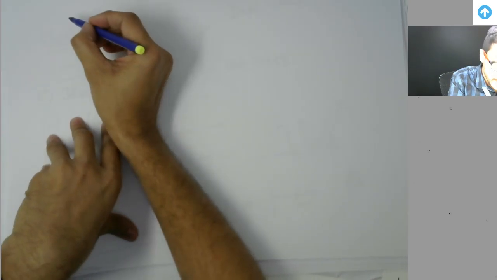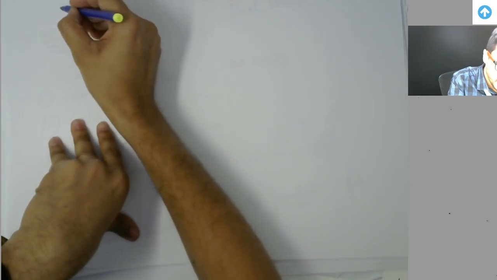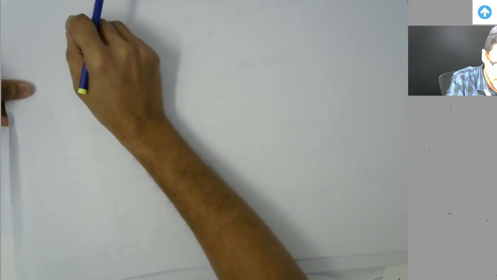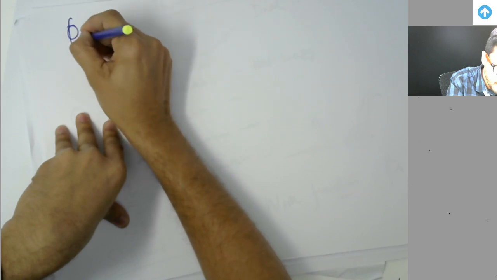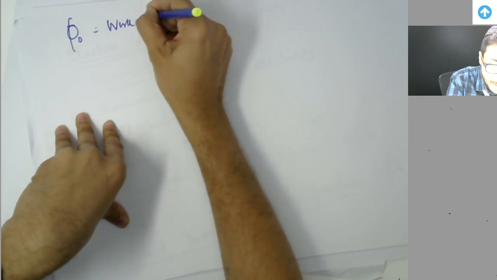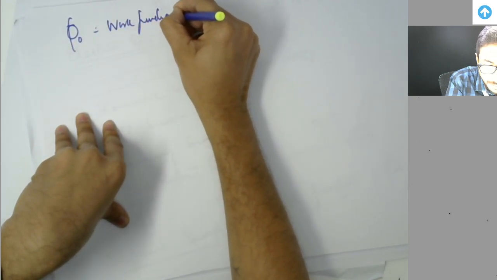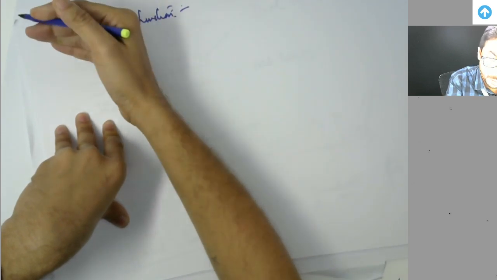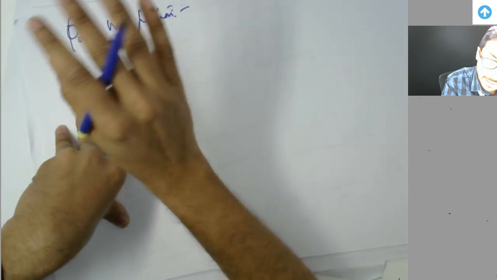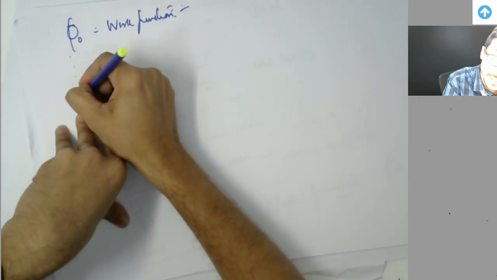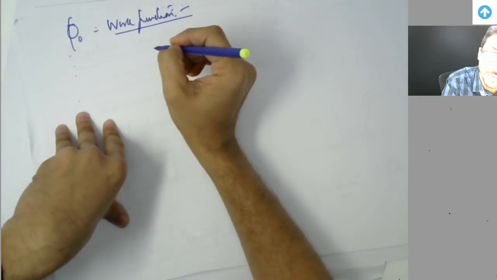Okay. Now, the minimum energy that a metal surface requires is called the work function. The four ways that we have discussed already, with all four ways, this minimum energy needs to be provided.